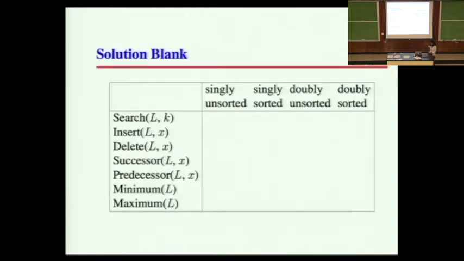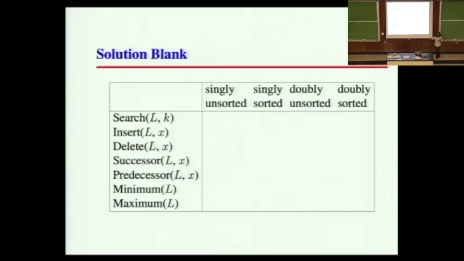So let's start to fill up this table and go through what the running times are and why they're different. Let's start with unsorted. Suppose I have an unsorted singly linked list, so I don't have back pointers. I have my linked list, ordered by the keys.